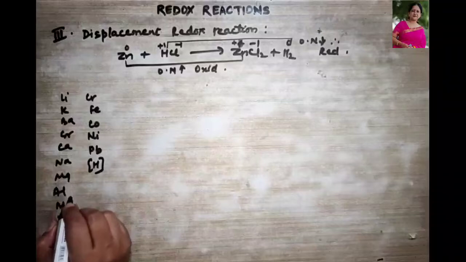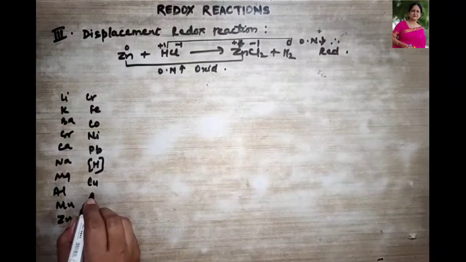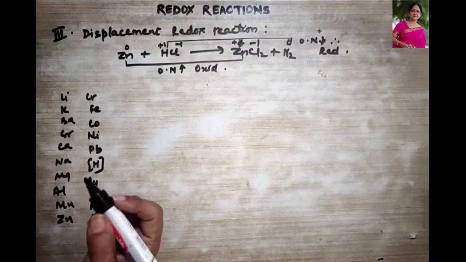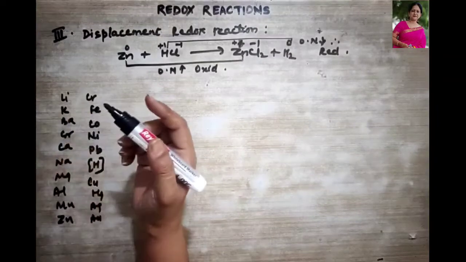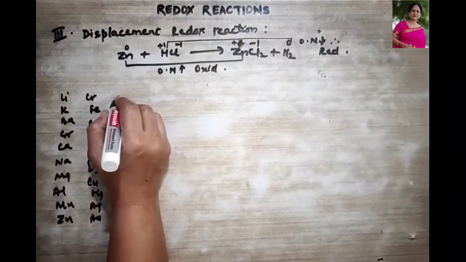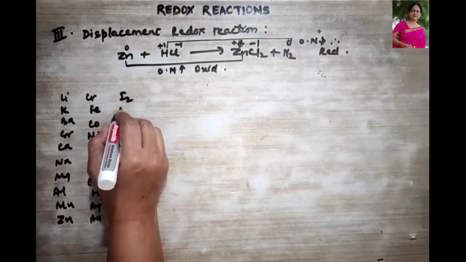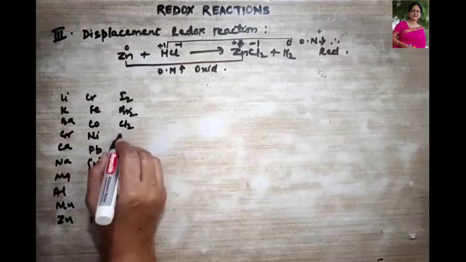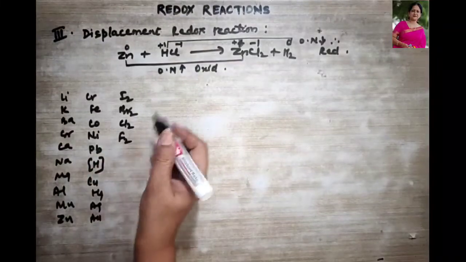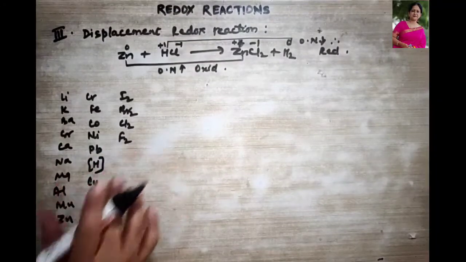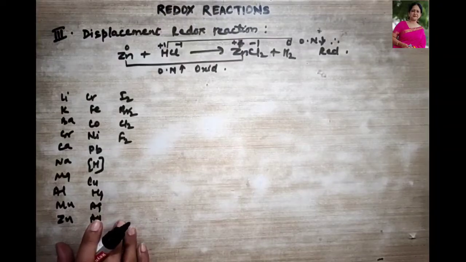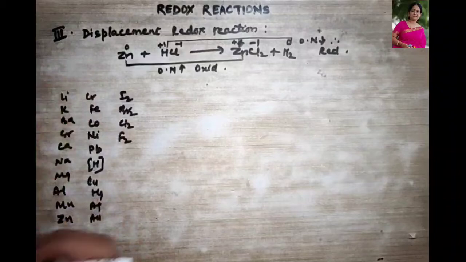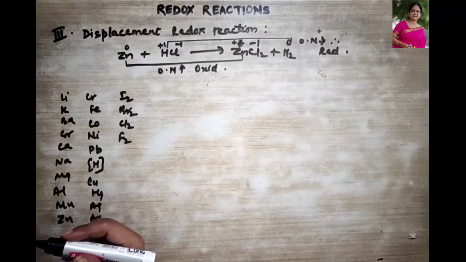Then we have hydrogen over here. Then copper, mercury, silver, gold, right? And if you remember your halogen series, then we have iodine, bromine, then chlorine and fluorine, right? So what do we know over here? The lower the element in the electrode potential series, the more easily it gets reduced. Higher elements will reduce the lower elements.